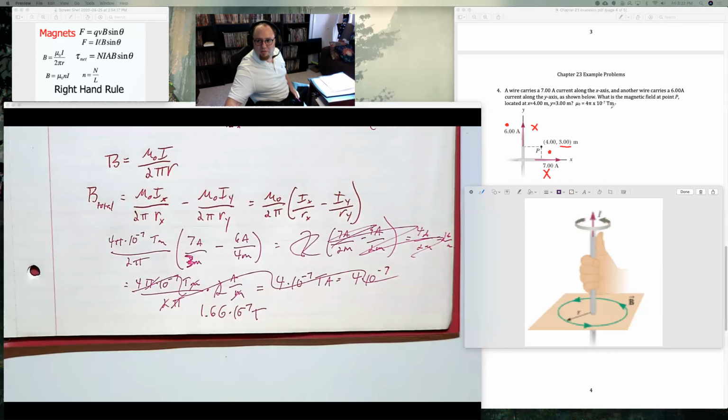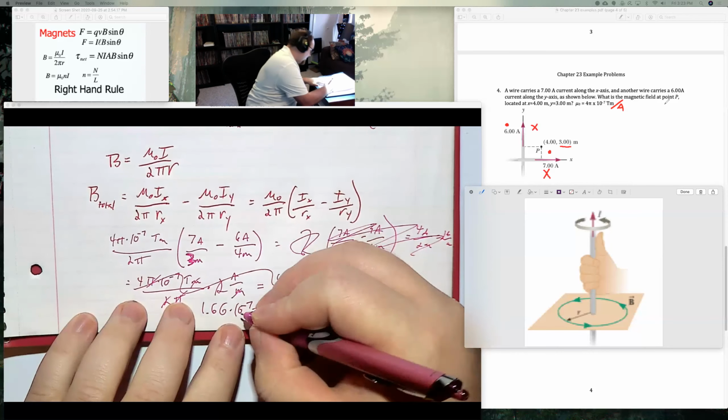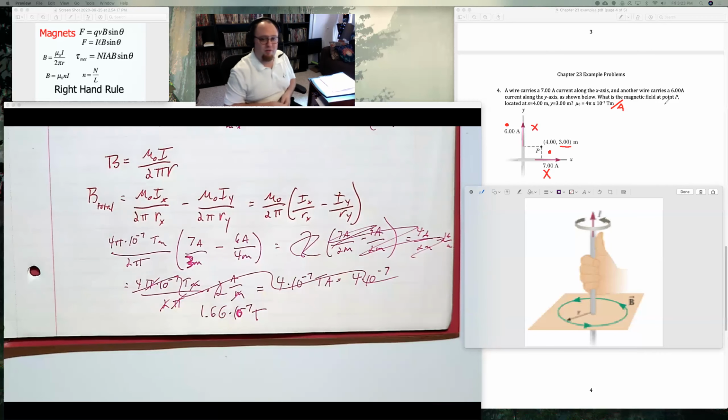And my units were wrong up here. This is Tesla meter per amp. Dear God, there were so many mistakes on this page. I gotta redo this entire packet. Sorry about that. I don't know why I read a 3 and made it a 2.